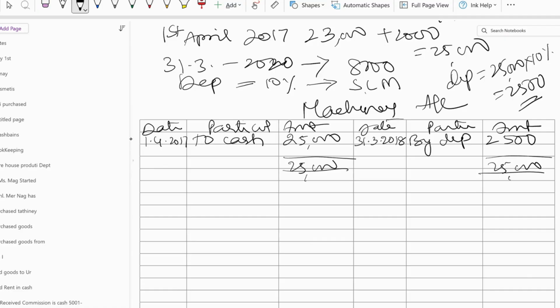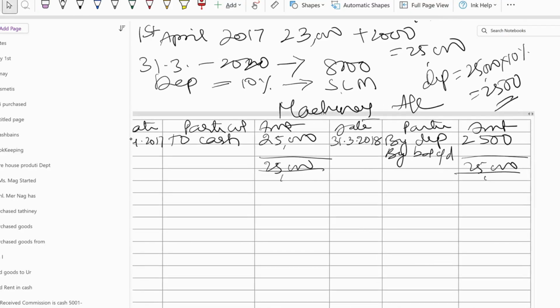Keep calculator beside you. How much, Zishan?